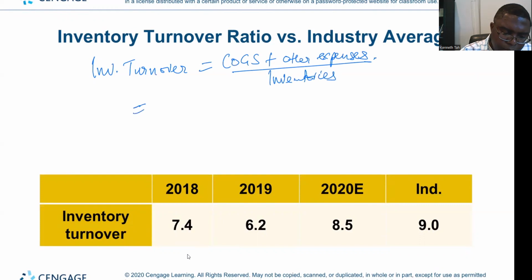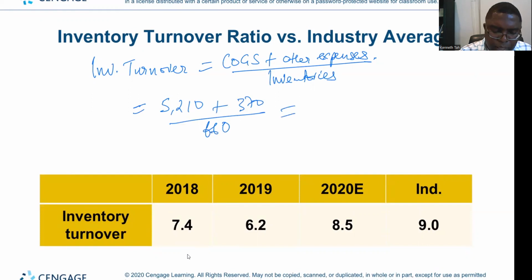So if we go to the financial statement, we'll find that the cost of goods sold is 520.10 plus other expenses, which is 370, divided by inventories, which is 660. This implies inventory turnover is 8.5.